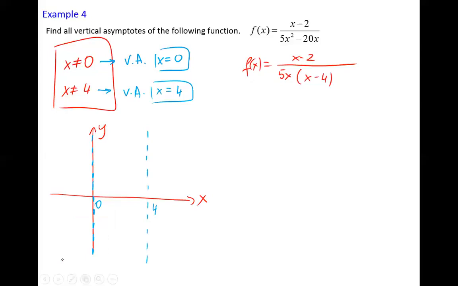And again, computing a limit, I will find out how the function behaves. Let's try the limit as x goes to 0 from the left-hand side. Function is x minus 2 over 5x times x minus 4. That means 0 will give me negative 2 over 0, a little bit less than 0.